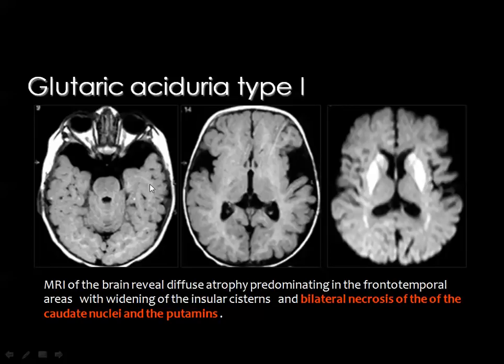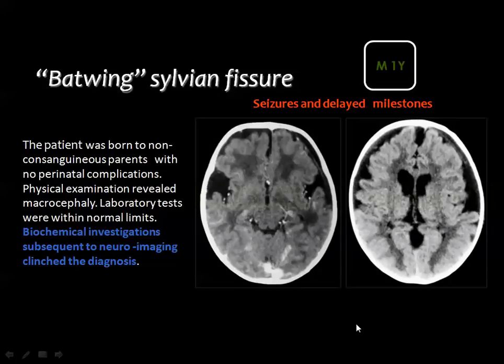And this is an example of glutaric aciduria type 1 with temporal lobe atrophic changes, prominence of the sylvian fissures with bat wing configuration, and bilateral ischemic changes in the basal ganglia, including the putamen as well as the head of the caudate nucleus.